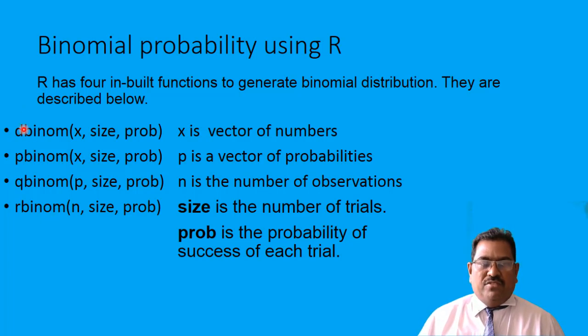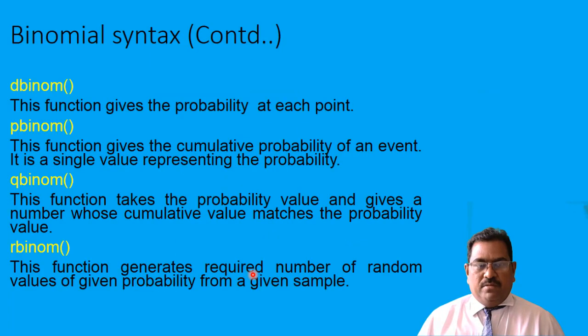Just in place of binom, we replace with dpois, ppois, qpois, rpois. Here x is a vector of numbers, p is a vector of probabilities, n is the number of observations, size is the number of trials, and prob is the probability of success of each trial. Later we will explain one by one by taking an example.